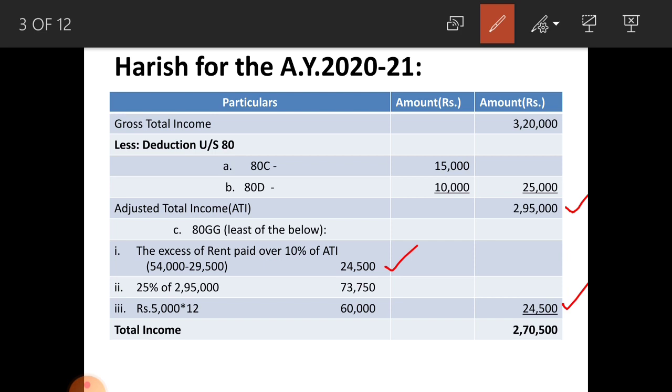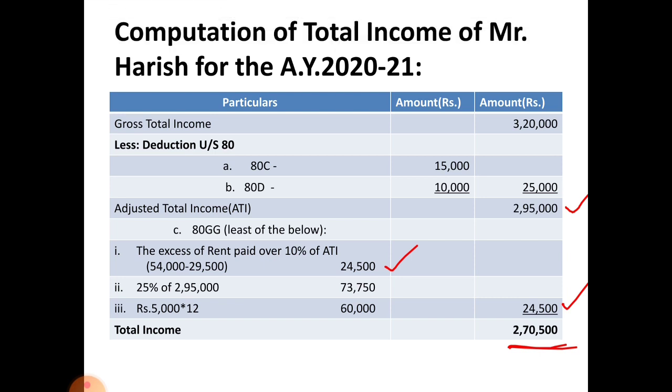When you deduct this from adjusted total income, you get the total taxable income rupees 2,70,500. So the taxable total income of Mr. Harish is rupees 2,70,500. This type of problem is important for 6 marks. Very easy problem, you can solve it very easily.